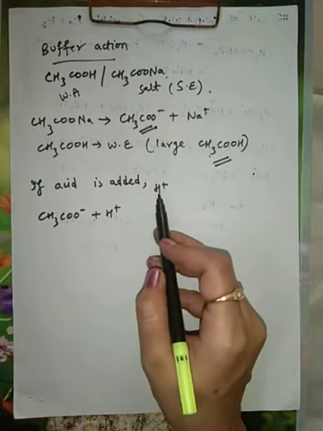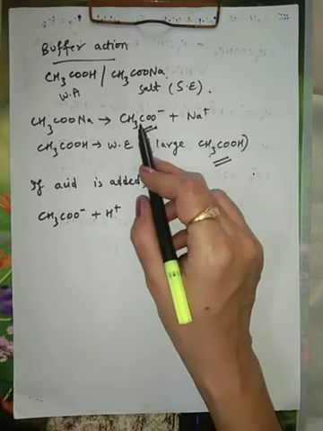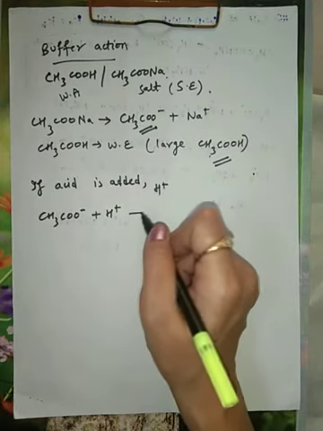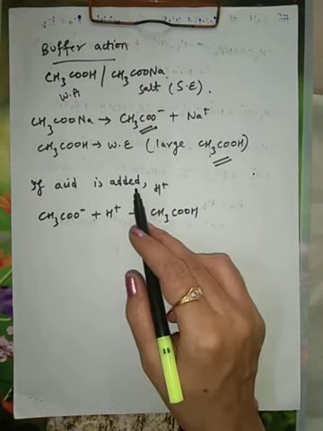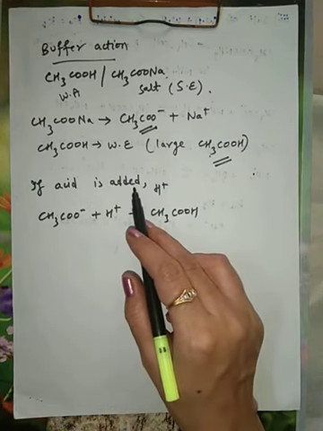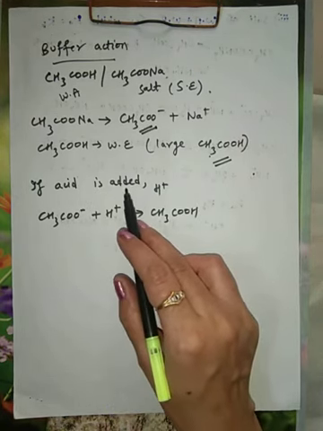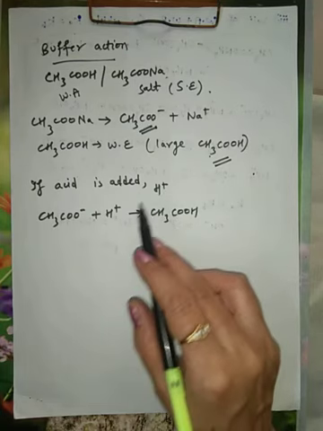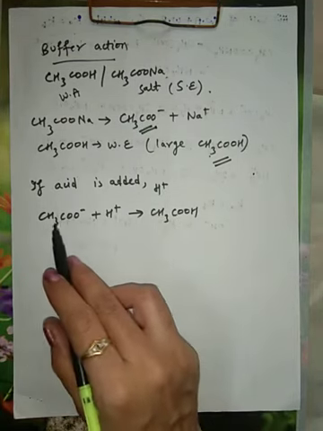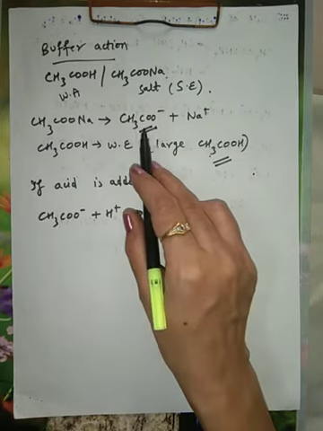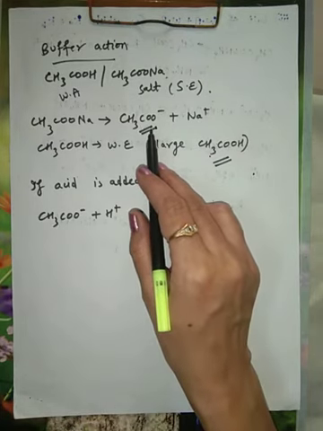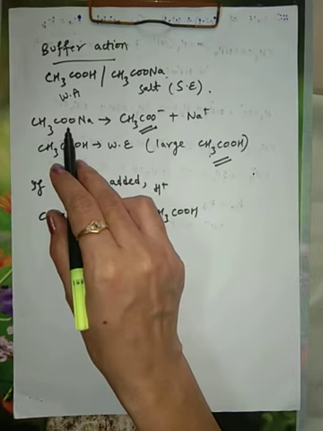Okay, means this added H plus is neutralized due to excess of acetate ion and you will get what? Acetic acid. तो एसिड ऐड करने का कोई फ़र्क नहीं पड़ता pH पे, क्योंकि जब हमने एसिड ऐड किया मतलब हमने H प्लस ऐड किया, बट वो H प्लस इमीडिएटली कंबाइन करता है एसिटेट आयन से जो ऑलरेडी हमारे सॉल्यूशन में एक्सेस में प्रेजेंट है ड्यू टू डिसोसिएशन ऑफ द सॉल्ट.